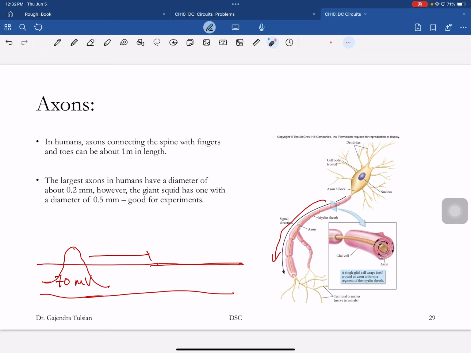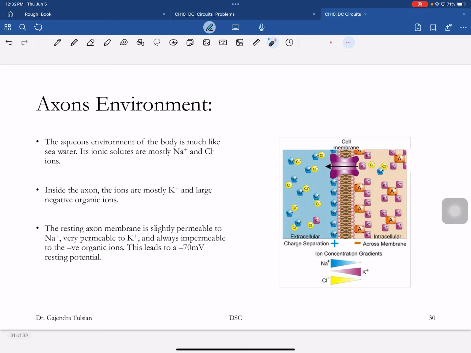If those sheaths go bad, there's some kind of disease. Is it ALS or polio? Polio destroys the myelin sheath. If that's destroyed, it takes a lot of energy, so you're always tired.